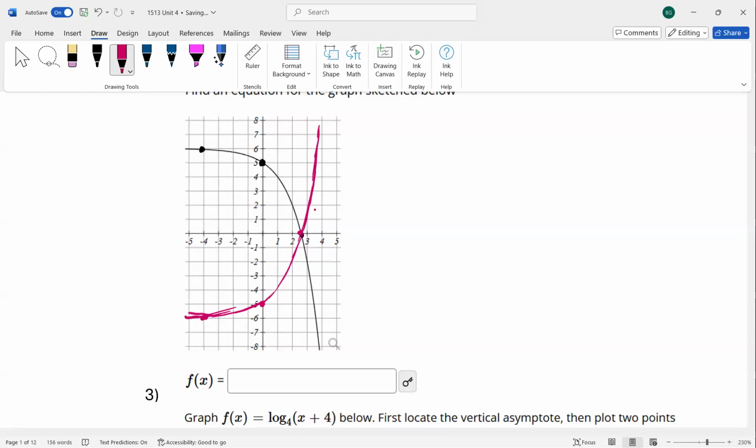And that seems to have y equals -6 as the horizontal asymptote.